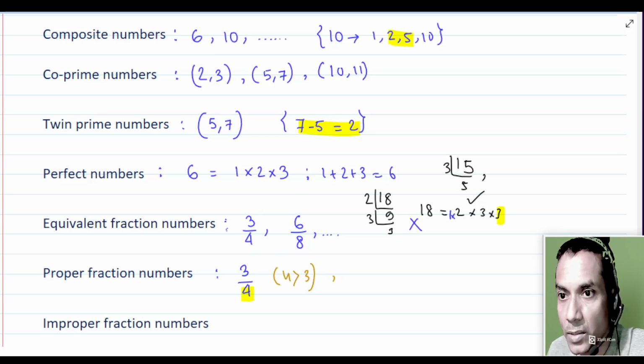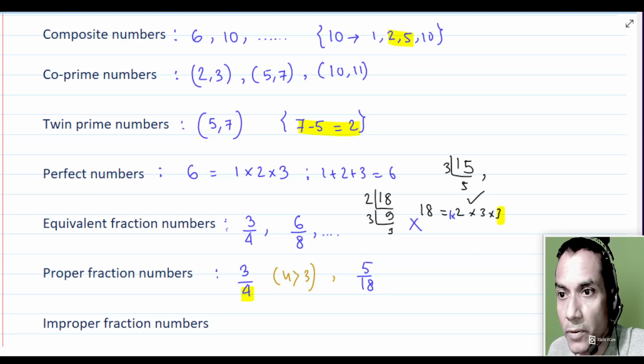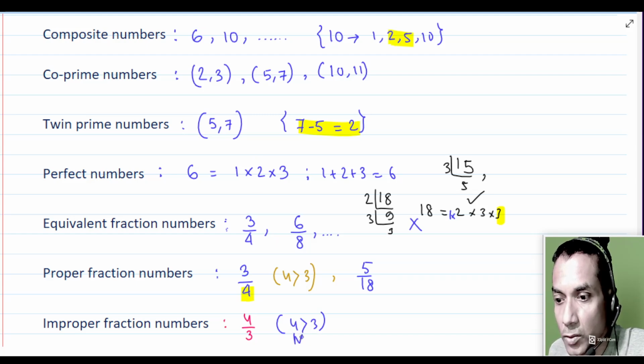Another example is 5 by 18. Here also 18 is larger than 5. So these are proper fractions. So what are improper fractions? If I consider 4 by 3, it is an improper fraction. Why? Because the numerator is greater than the denominator. Okay, clear?